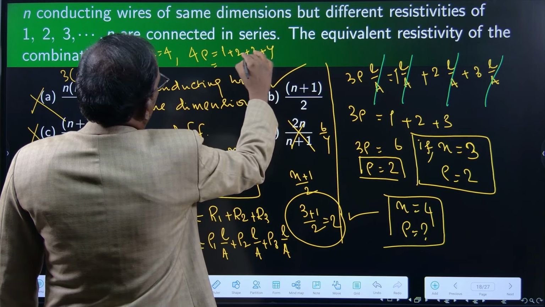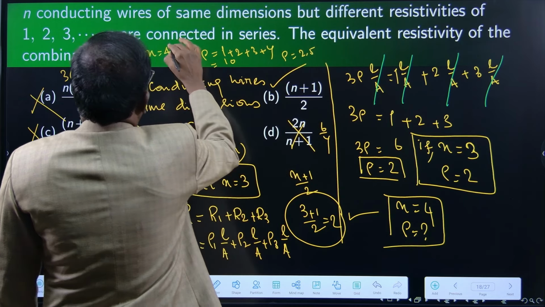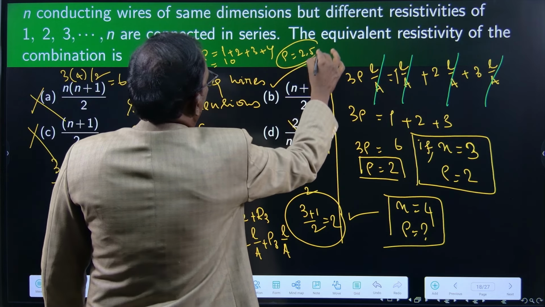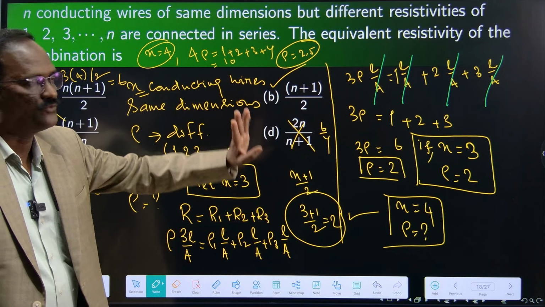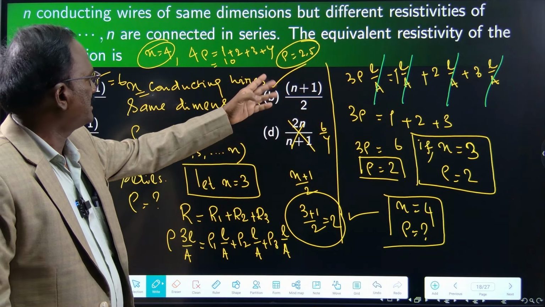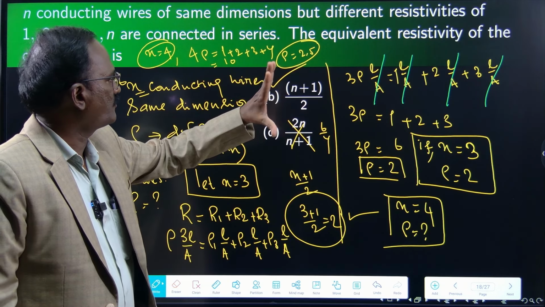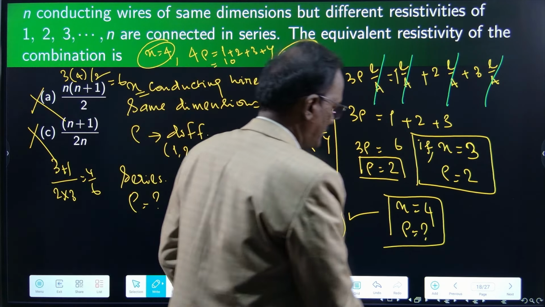So this is 10, so rho is equal to 2.5. For N is equal to 4, rho must be 2.5. Let us put it in the correct option. N is equal to 4, 4 plus 1, 5, 5 divided by 2, 2.5. Yes, so option B is correct.